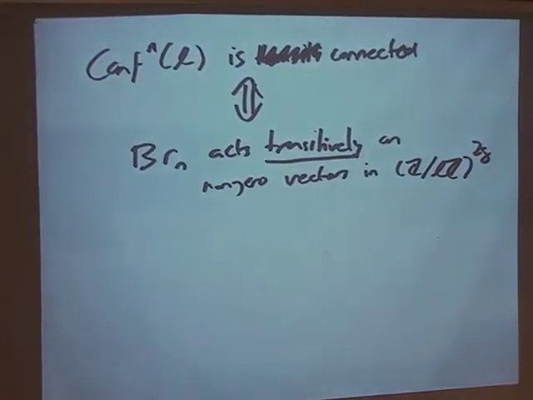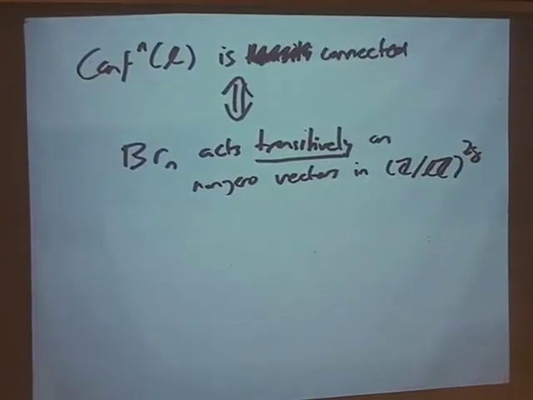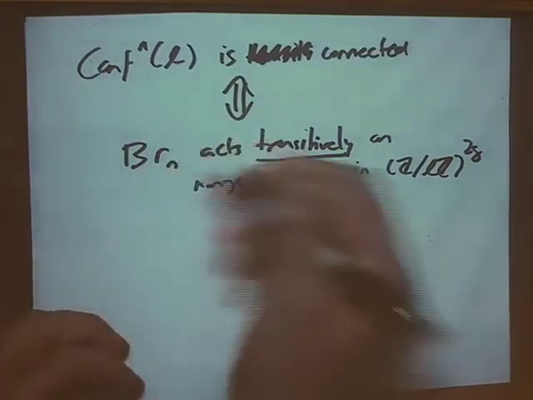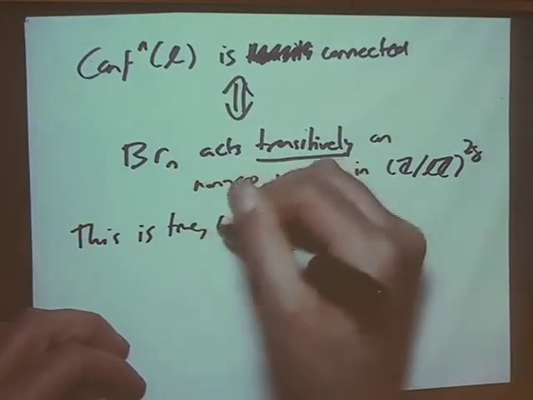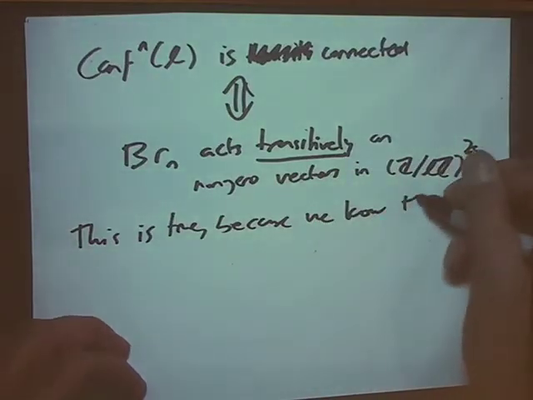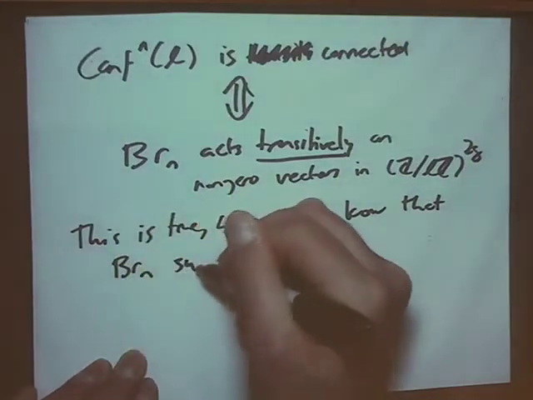So one thing you can do is write down what matrices the braid generators go to, and then you can while away a pleasant rainy afternoon showing that it acts transitively on vectors if you want to. But let me tell you what we know that makes this true. This is true because we know that this monodromy map is actually surjective.